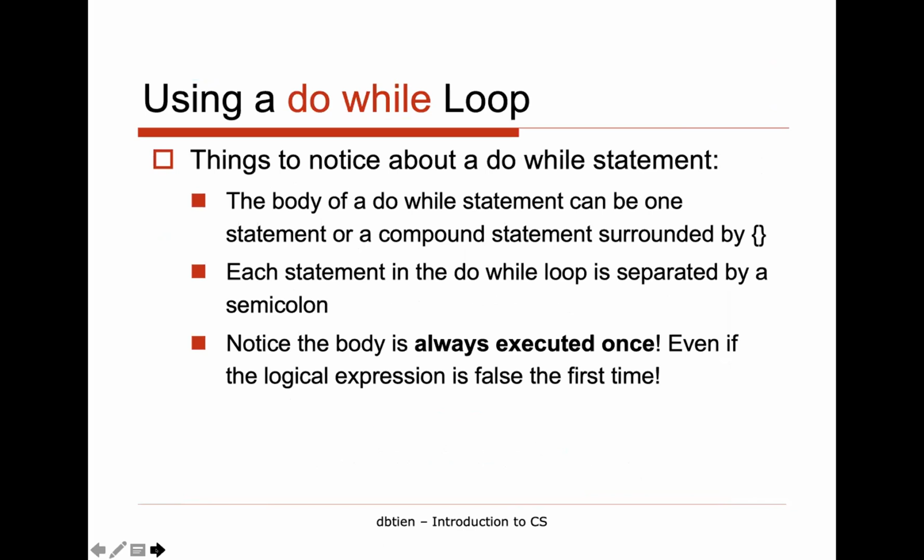As I just mentioned, the body of the do while loop can be one statement or a compound statement, and you use open and close brackets. And remember, it's always executed at least one time, whether the logical expression is false or true. Even if false, we still need to do it one time.